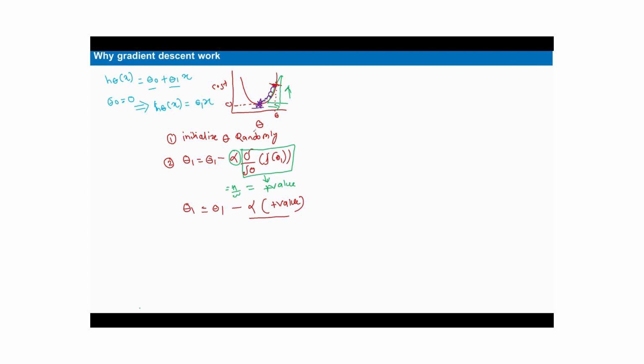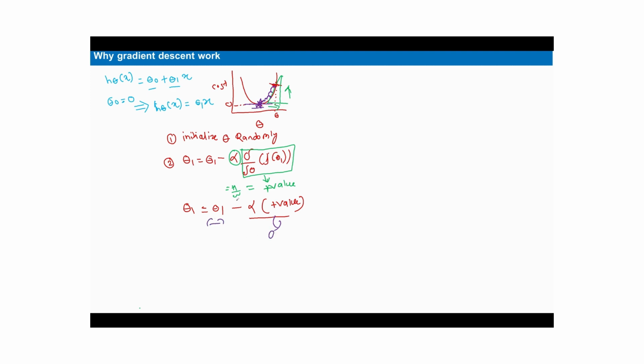This term tries to find the slope of the tangent to this function, and here the slope will become 0, because a parallel line will be there and we can't find a slope for this. So once the cost becomes 0, this derivative term becomes 0 and theta will never update.